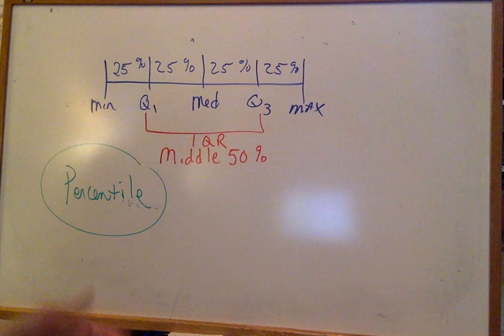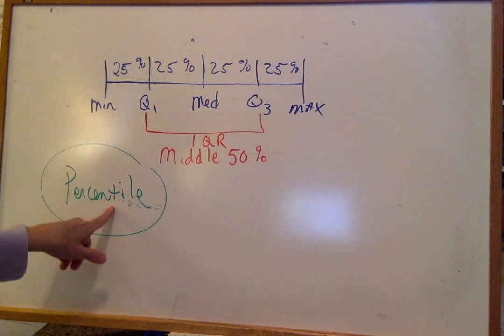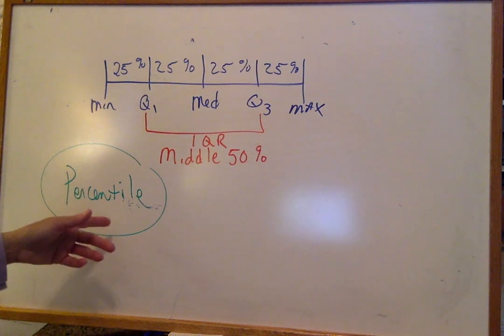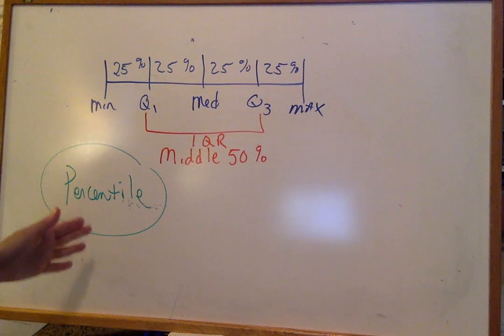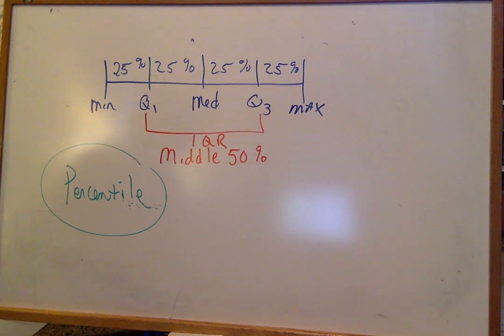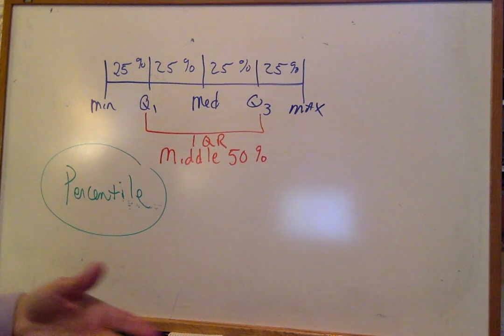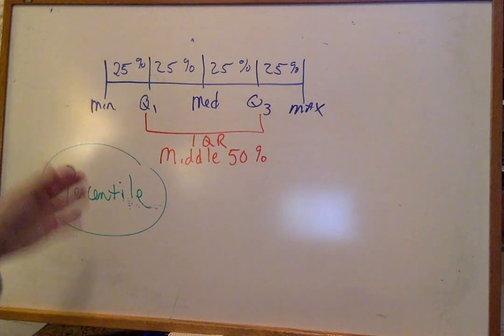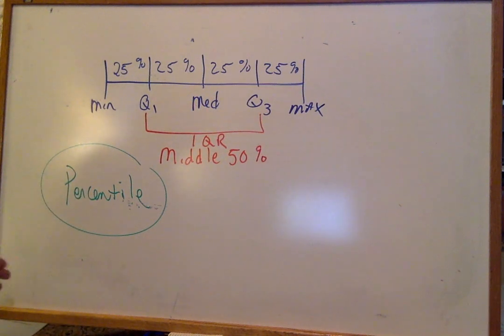For example, if you scored in the 80th percentile on your SATs, what did that mean to you? It did not necessarily mean you got 80% of the questions correct. If you're in the 80th percentile, it means 80% of people did worse than you, or 20% of people did better than you, or you did better than 80% of people. That's what the word percentile means.